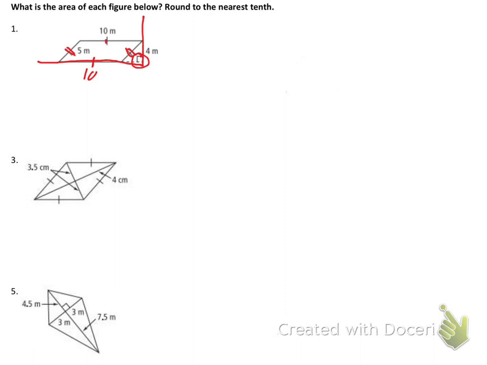So I know that the base of it is 10 and the height of it would be 4. And since this is just the area of a parallelogram, it would just be 10 times 4, which is equal to 40 meters squared.